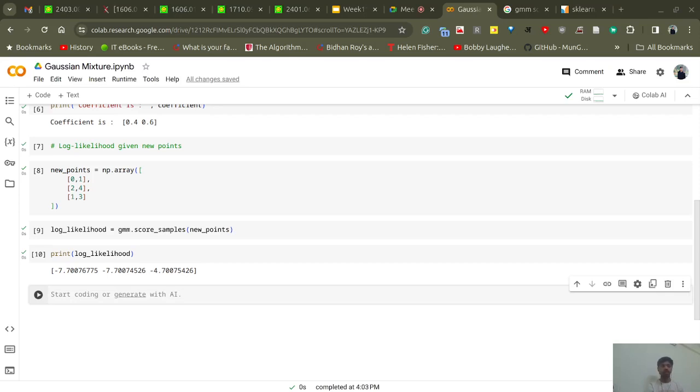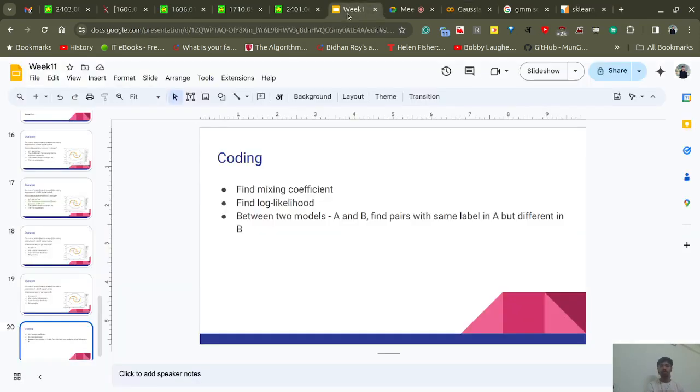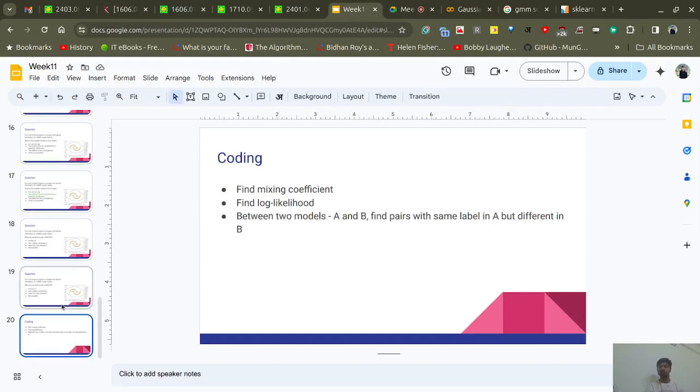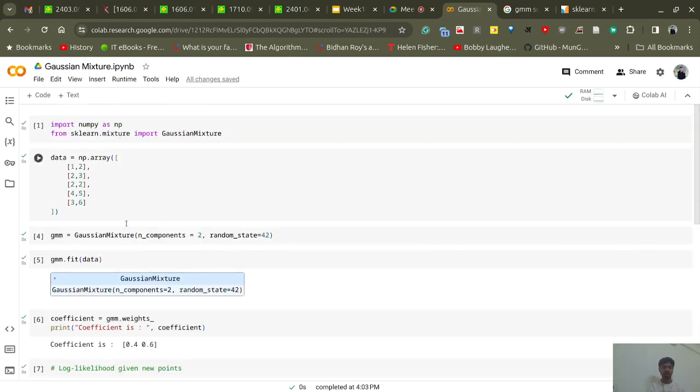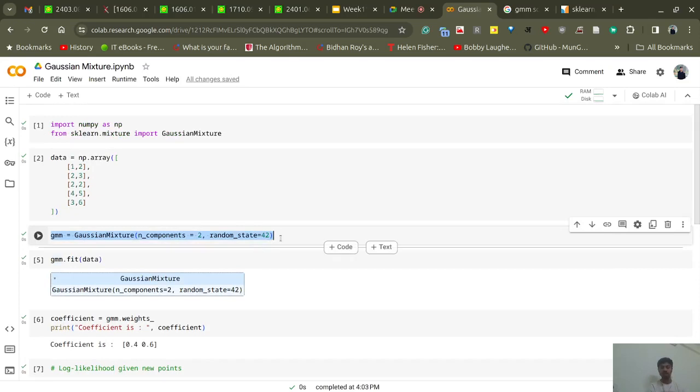Okay, so then finally, suppose you have two models, in the sense you have two GMMs, and you have to find out if the labels are getting different between two models. Here I have taken GMM equal to Gaussian mixture with n_components equal to 2, random state equal to 42.